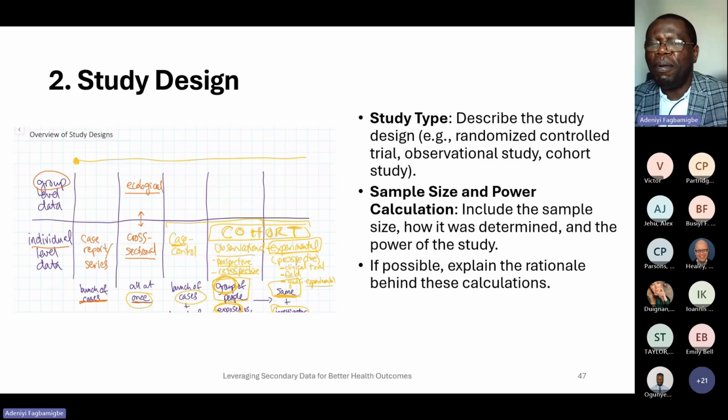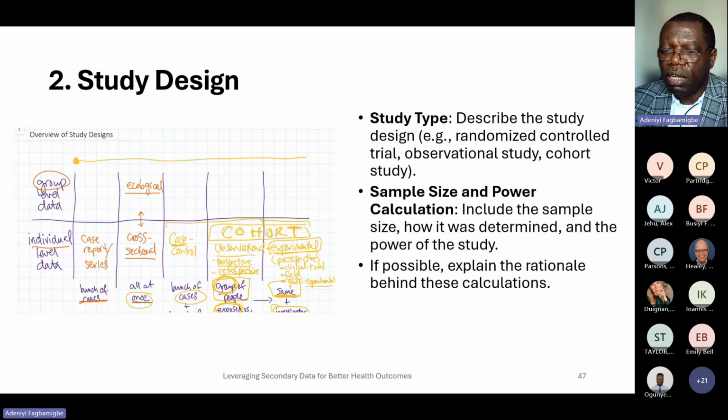Your objectives will shape the type of design that you want and the type of data you want. Although you can still come back and amend the objectives so that the two of them align. I will speak about that at my fourth point.